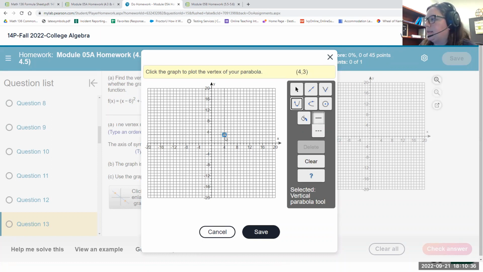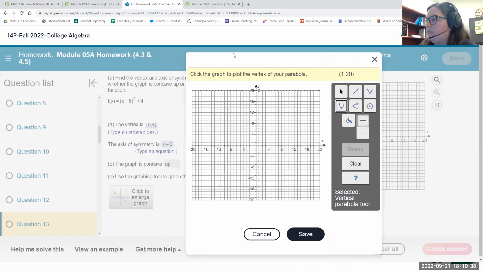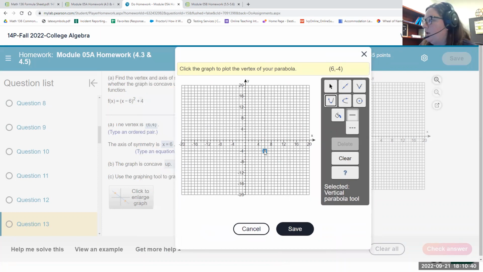And so that's 6, -4. And you should be able to see up here, unless your instructor for some reason has taken that off, the coordinates of the point that your cursor's on. And sometimes the scale is weird or it's really small, so that can be helpful to make sure that you're at the right point. So there's the vertex. And then you need one other point, any one other point.